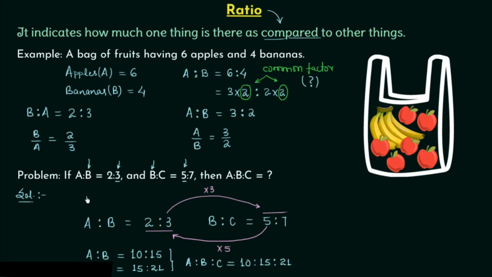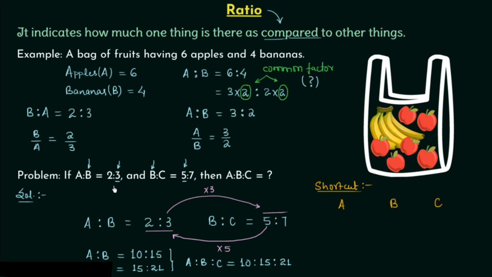So this is the actual process to find A ratio B ratio C, and now we will move on to our shortcut method. Step number 1 is to write down the ratios we have. We have A, we have B, and we have C, so I will write A, B, and C in a single row.